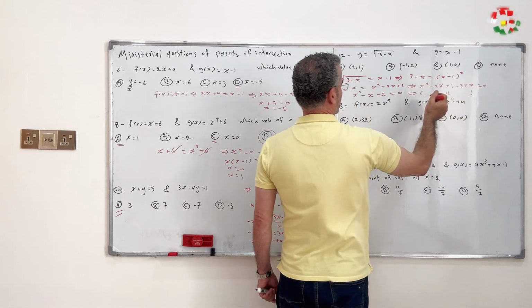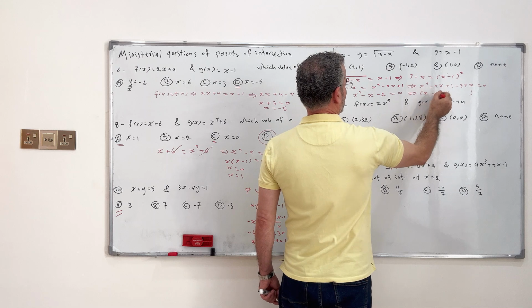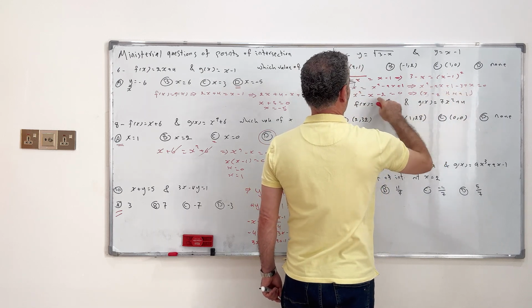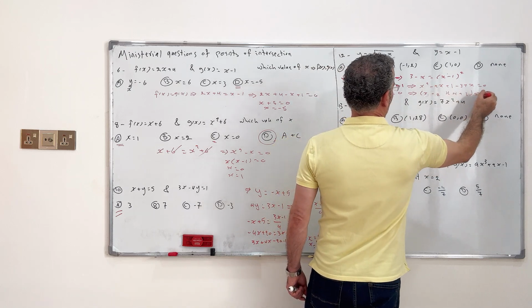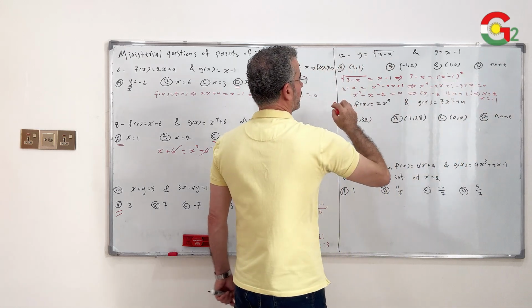By factoring, (x minus 2)(x plus 1). Then either x equal to 2 or x equal to negative 1.